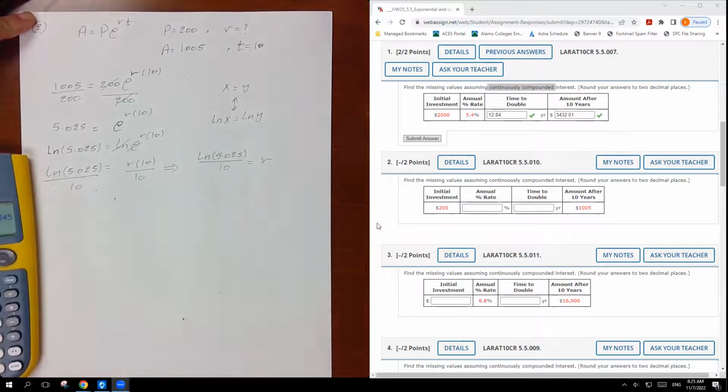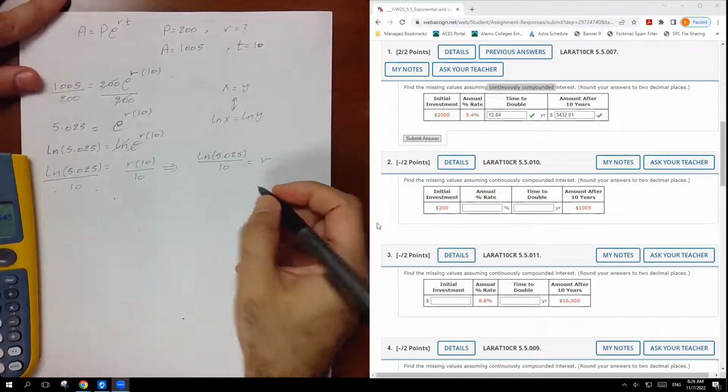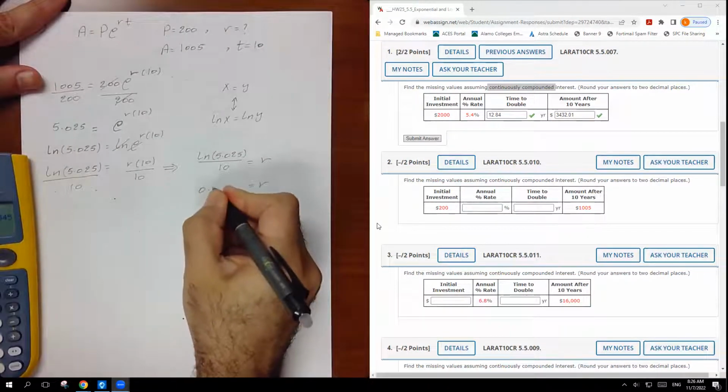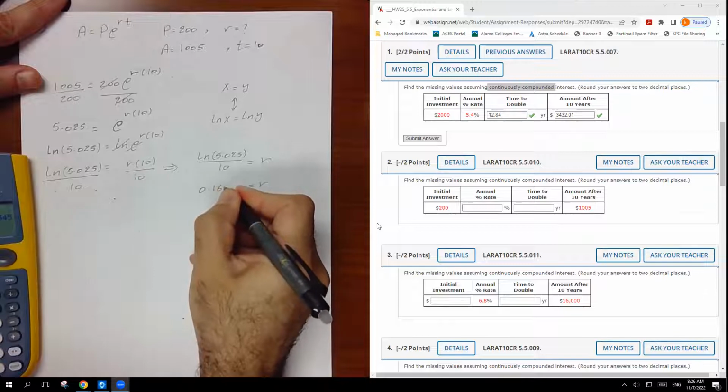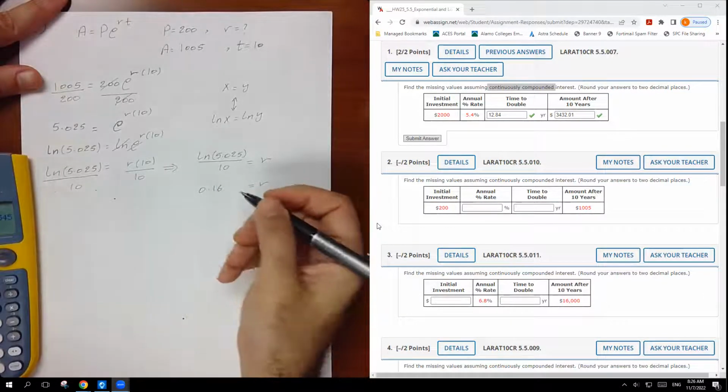And we have to round to 4 decimal places. So our rate is going to be 0.1614. Let's keep it 1614.